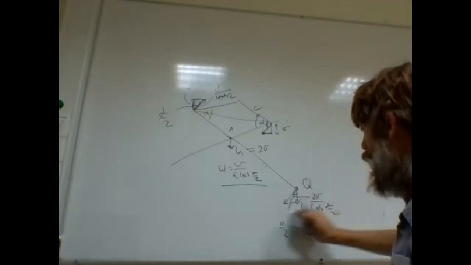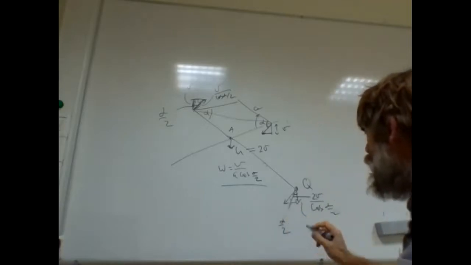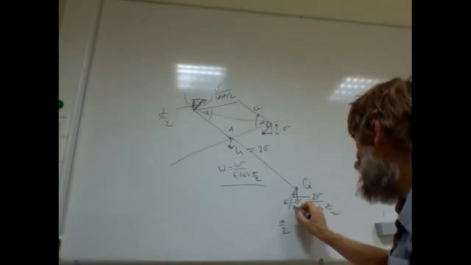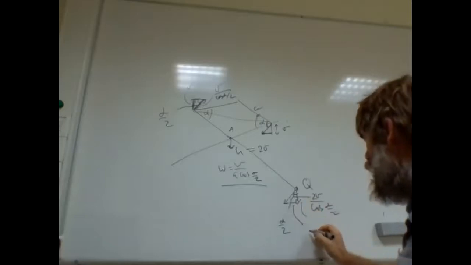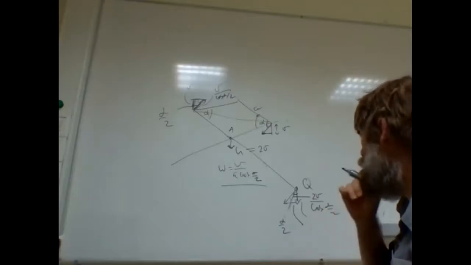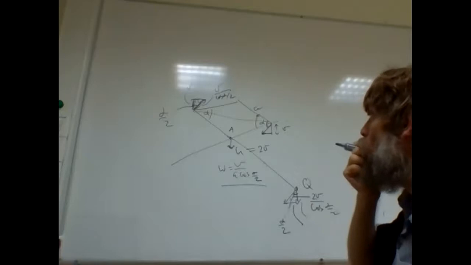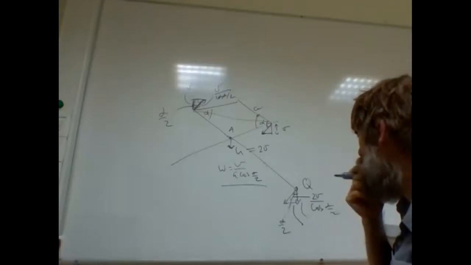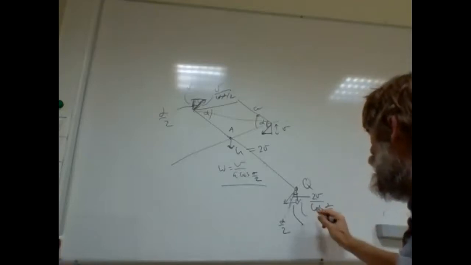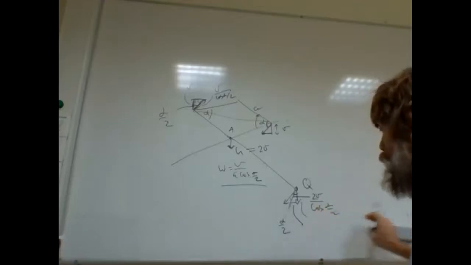And so this angle here is alpha over 2, so that the horizontal component is going to be this thing here multiplied by cosine of 2 alpha. Well, that is to be expected.